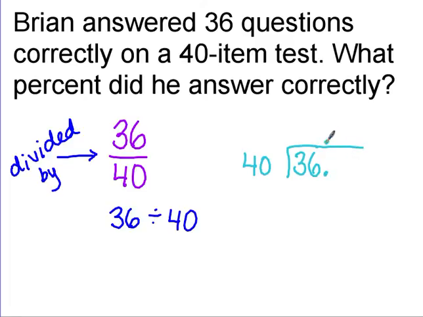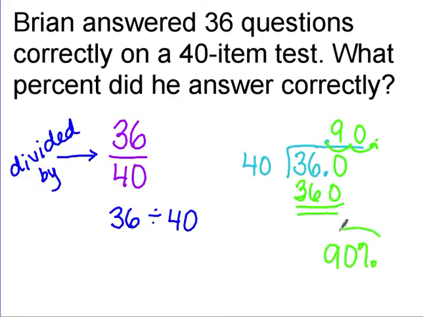So 40 does not go into 36, but it goes into 360. How many times does 40 go into 360? 9 times. And then I get 360, surprise, surprise. So I need to write this as a percent. So writing as a percent, 1, 2. What percent did he get? 90. Okay, so that's one of those things to file away for the future. Fraction bars are nothing more than division signs.